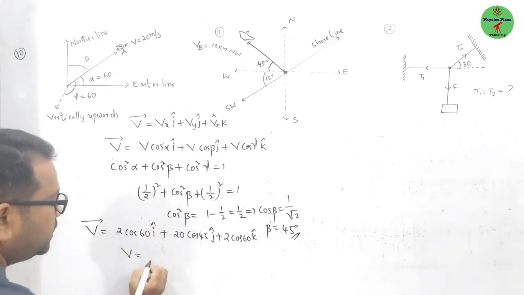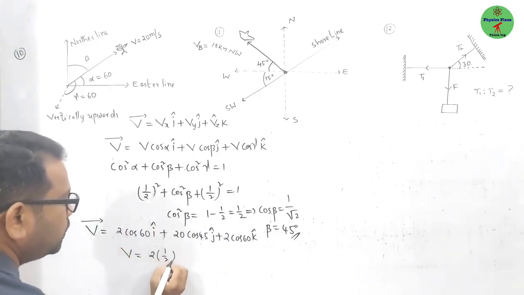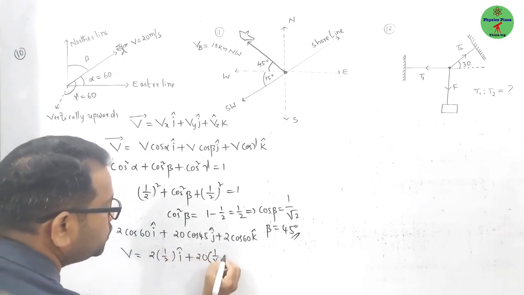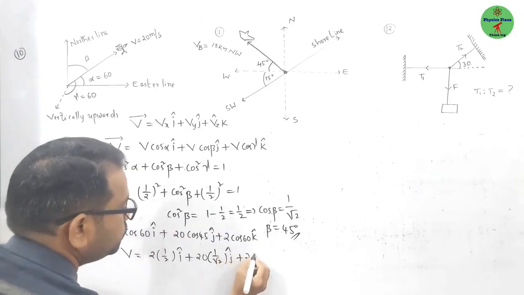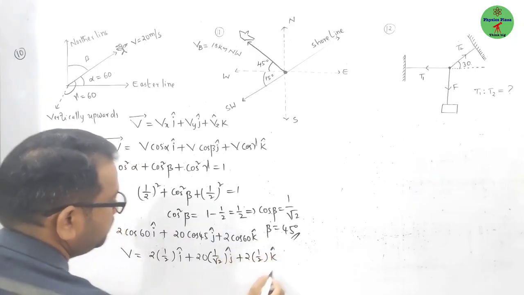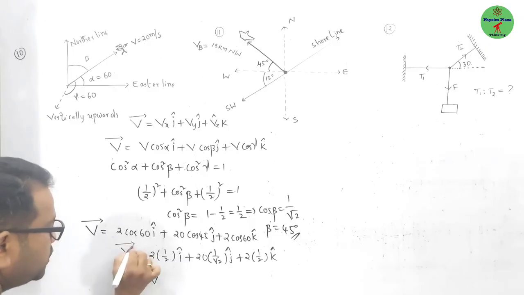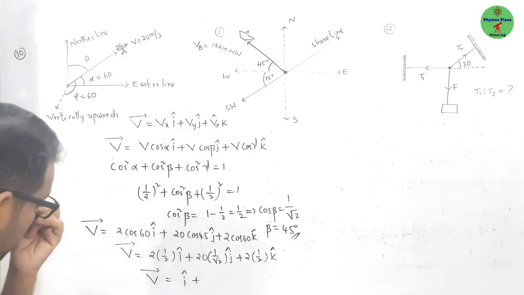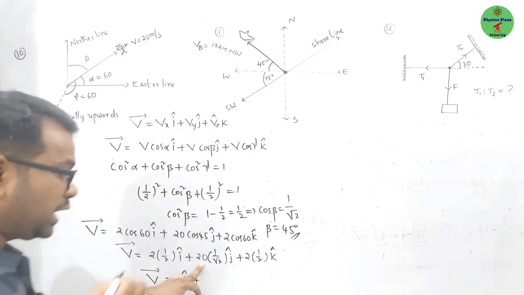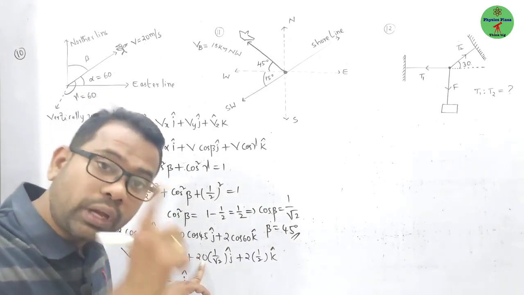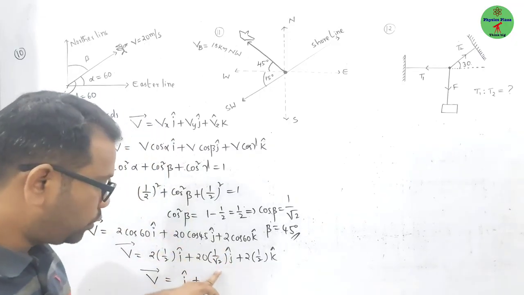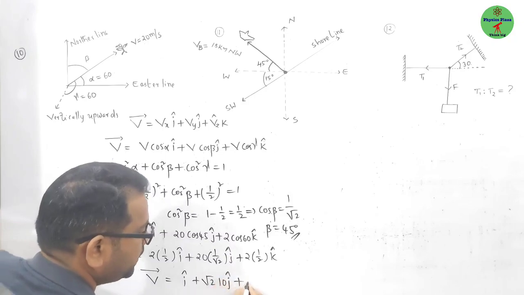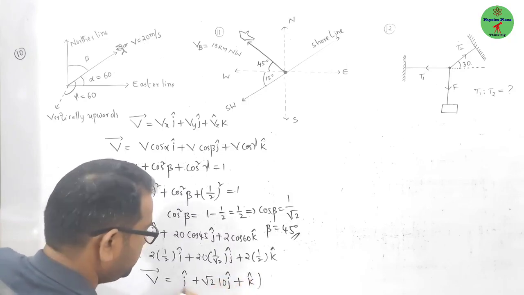So let us write 1 by 2 i cap plus 20, it is 1 by root 2 j cap plus 20 into 1 by 2 k cap. You can simplify more. This is a vector in space. So 20 can be written as 2 into 10. Again the 2 can be written as root 2 into root 2. So root 2 will get cancelled. Here it is root 2 10 j cap plus k cap meter per second.